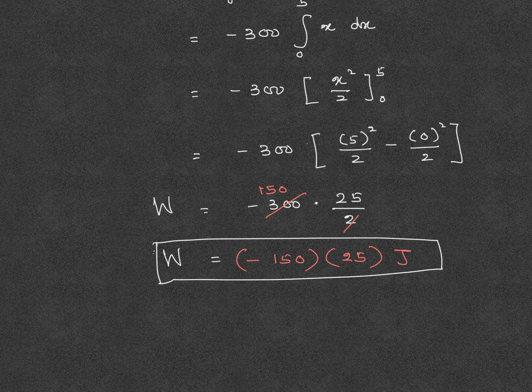And this is the final answer as calculated for work. I believe that you understand what we did so far. If there is someone who is not quite familiar with the integrations that we have done here, this is actually the simplest form of integration that anyone can do. We can talk about that in class next time we meet.